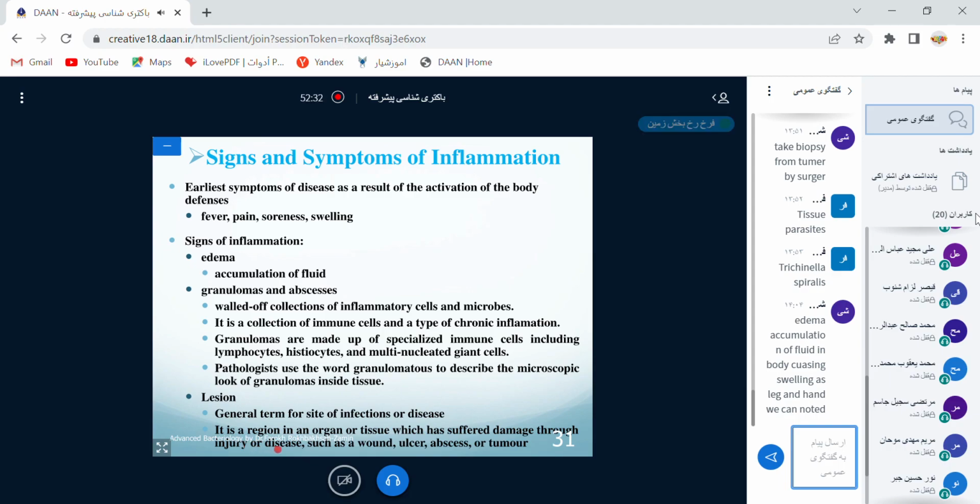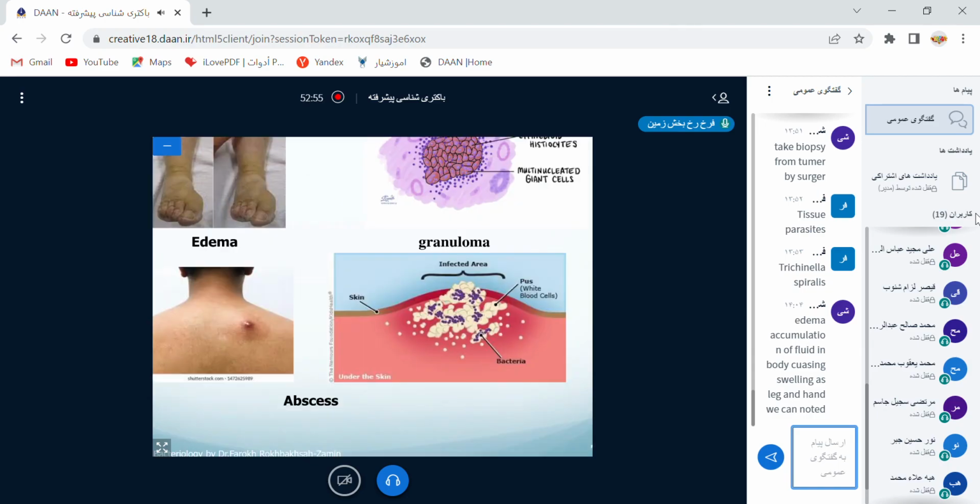So any place of the body which, after an infectious disease, suffered damage, it is a lesion, such as a wound, ulcer, abscess, tumor. All of them we call lesions.